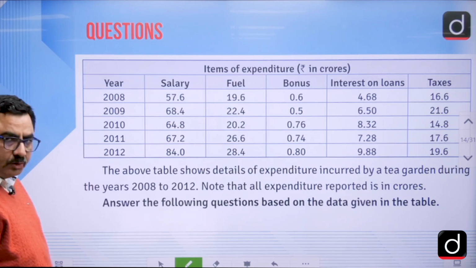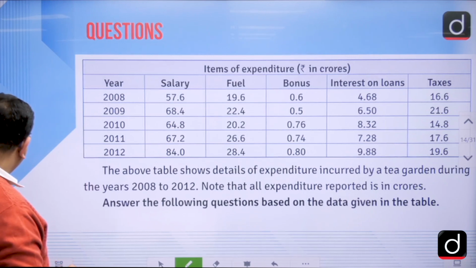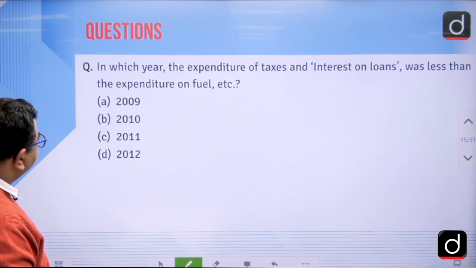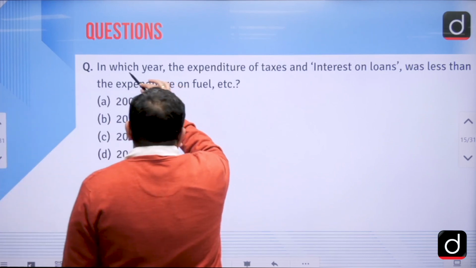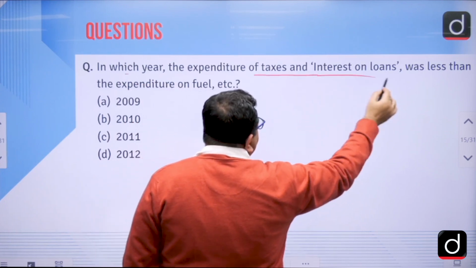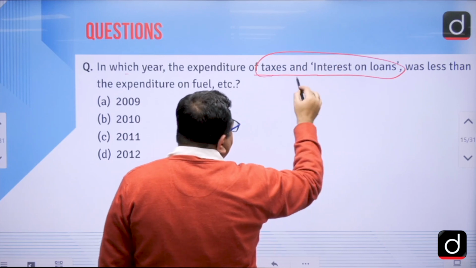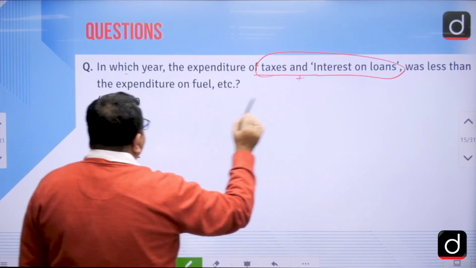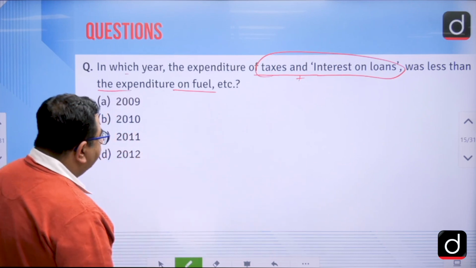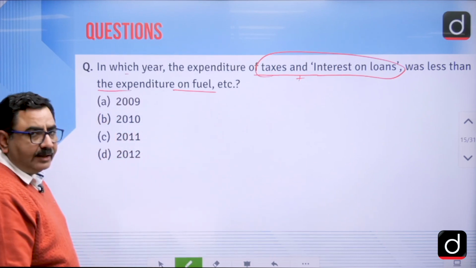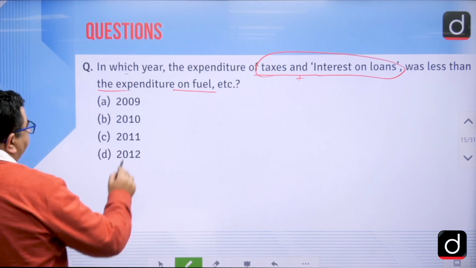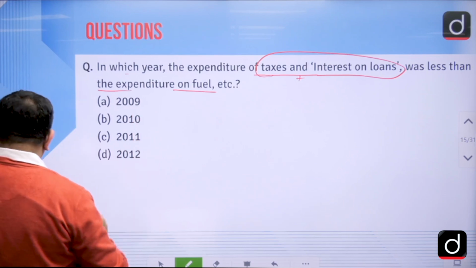Again the same question, same table. We'll see what is the question. In which year the expenditure of taxes and interest on loan was less than the expenditure on fuel, right? So taxes and interest on loan should be less than expenditure on fuel, and we have to check for 9, 10, 11, 12.